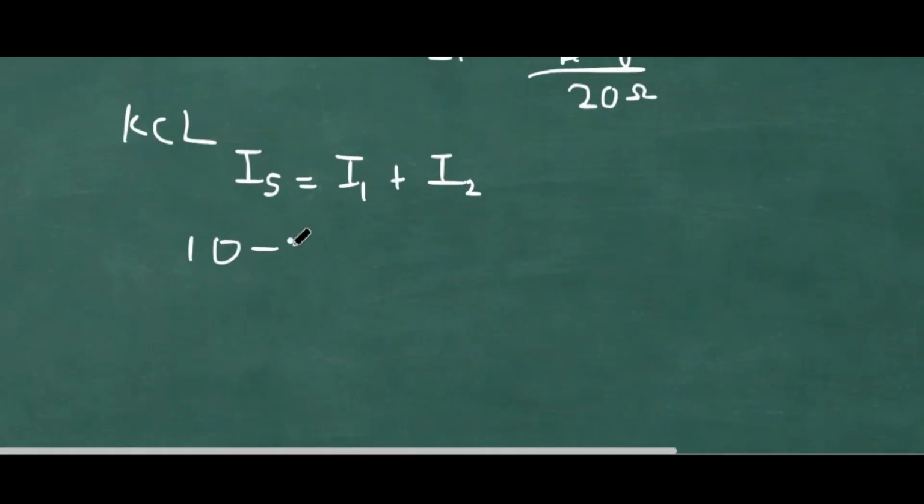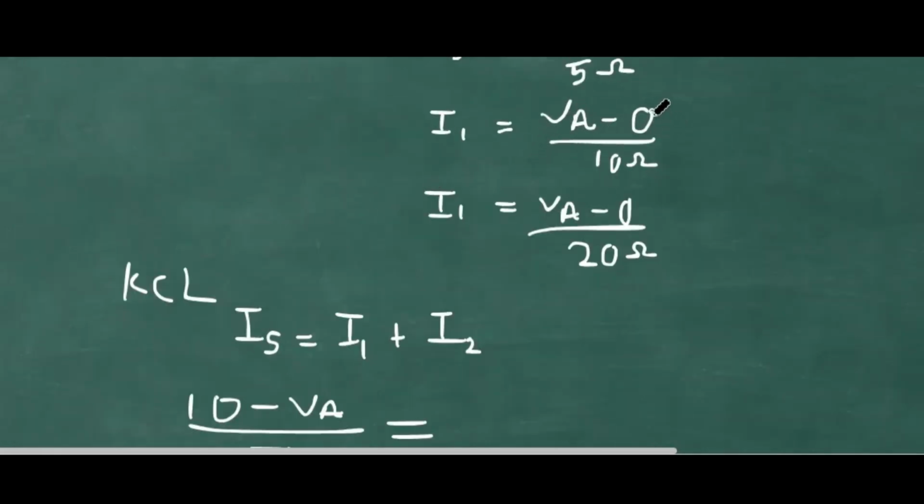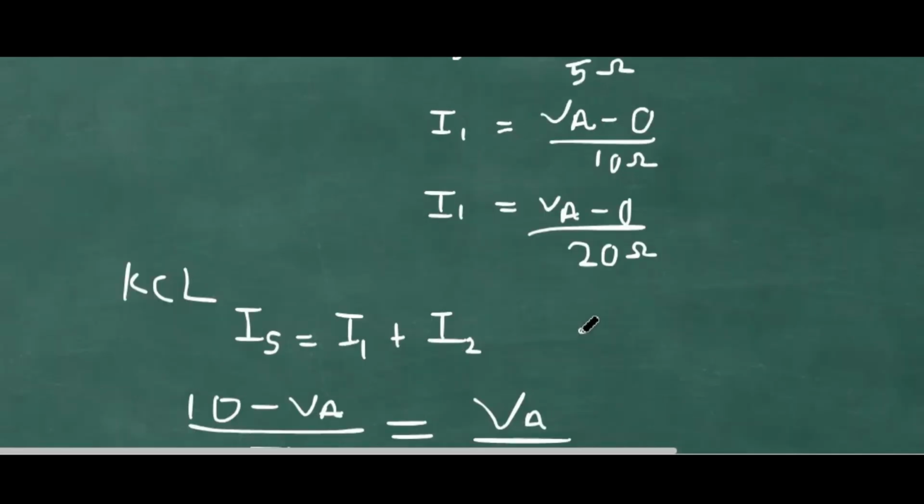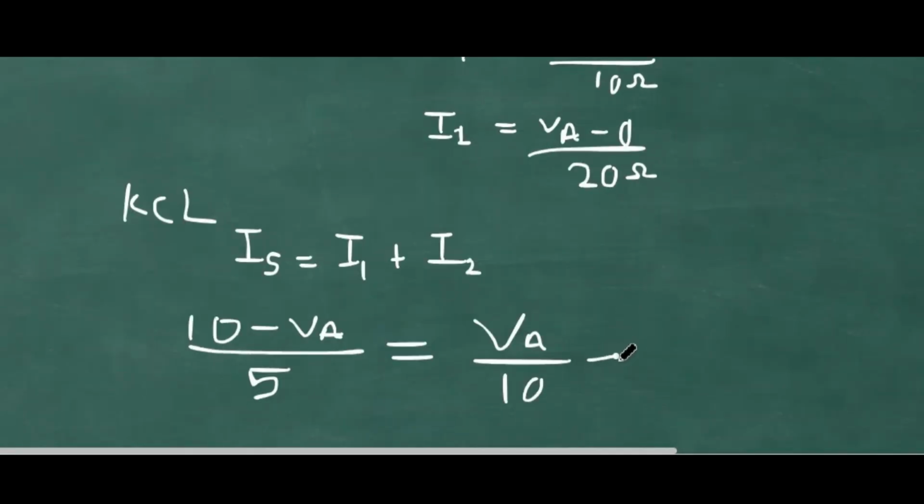So 10 volts minus VA divided by 5 equals I1 current, which is VA minus 0, meaning VA divided by 10 ohms, plus I2 current, which is VA minus 0, meaning VA divided by 20 ohms.